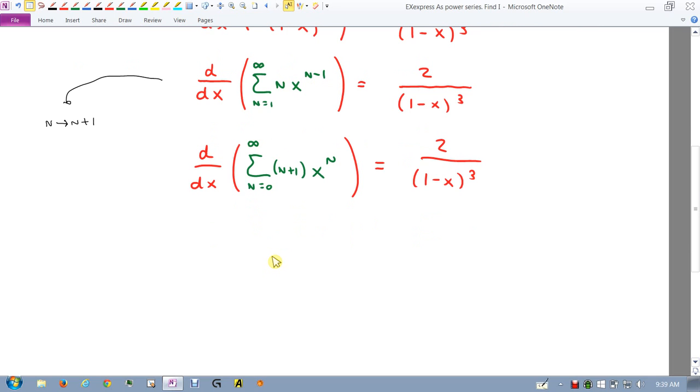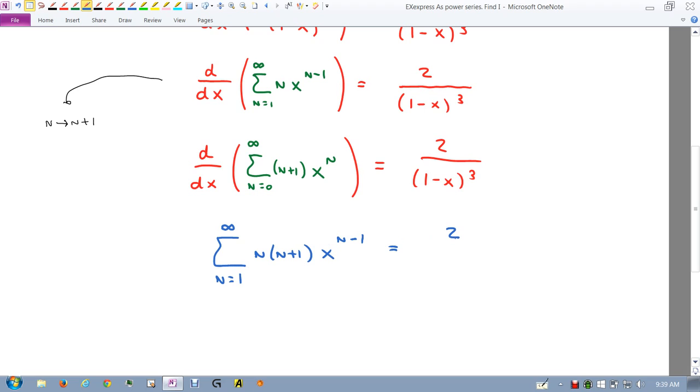So now let's do a derivative. What's the derivative of that series? It's going to become sum n equals 1 to infinity of n times n plus 1 times x to the n minus 1.